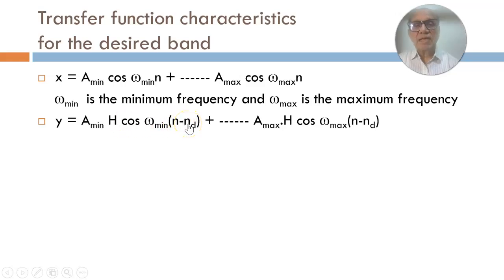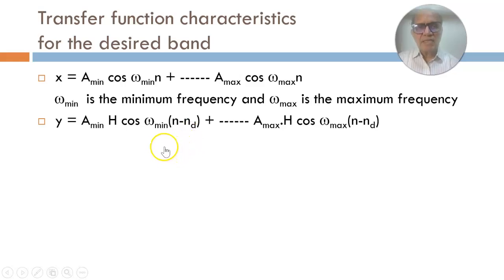Also, delay should be the same. Understand, delay and phase are related to one another, but in order to avoid distortion, the delay must be constant over the entire frequency range. In the case of a discrete signal, delay of course is in terms of number of samples. So we have said that ND is the number of samples by which the signal gets delayed as it passes through the filter.